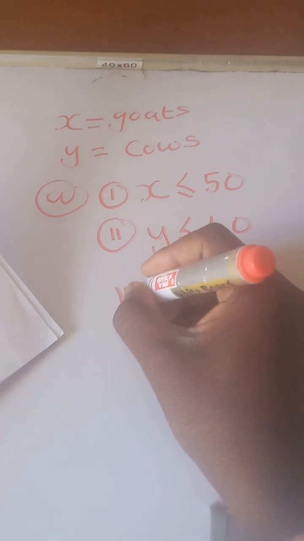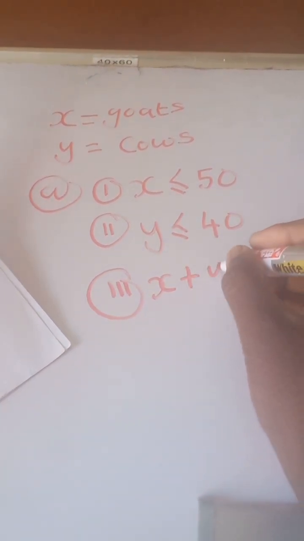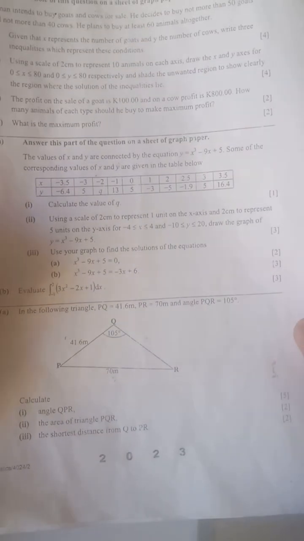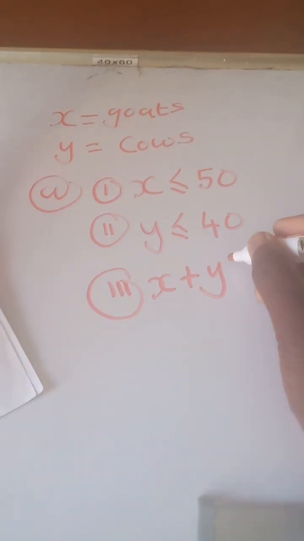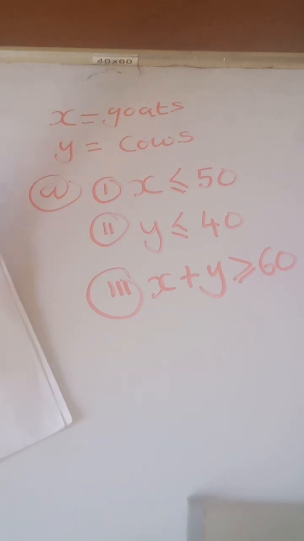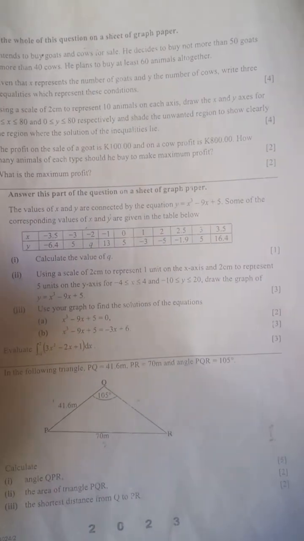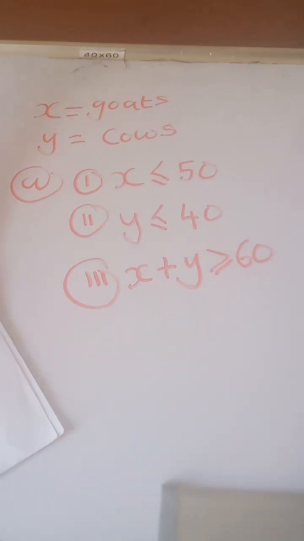So which is number 3? You say X plus Y. Since there is the word at least, it means greater, so you say greater or equal to 60. So here you got your 4 marks. Just this. The other part will start plotting.